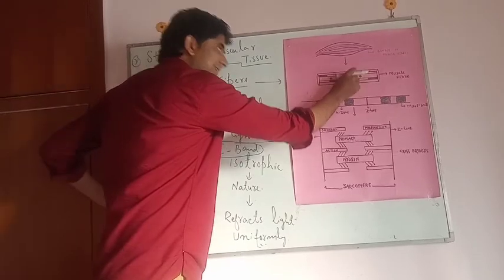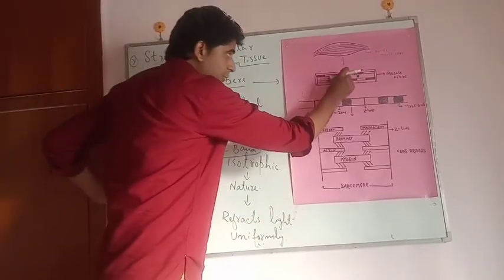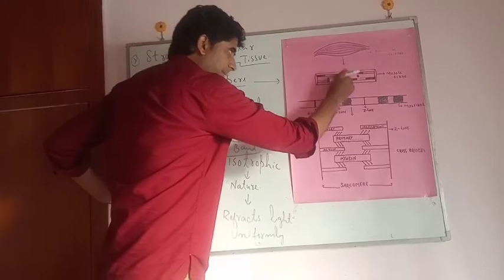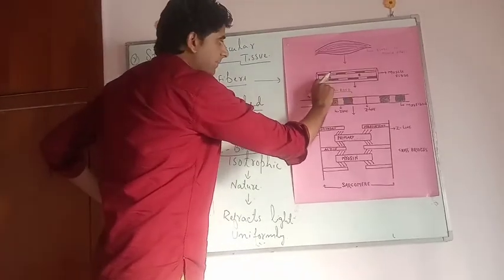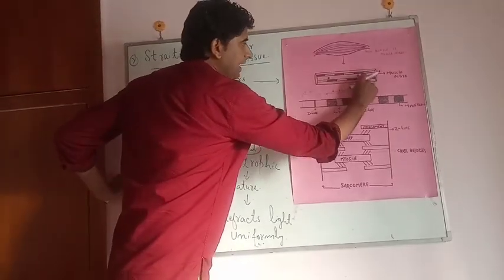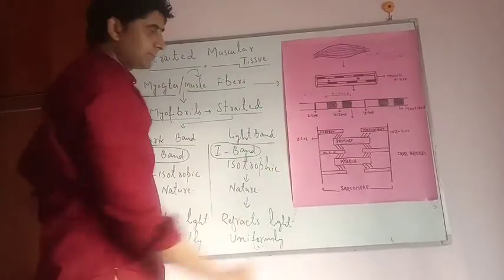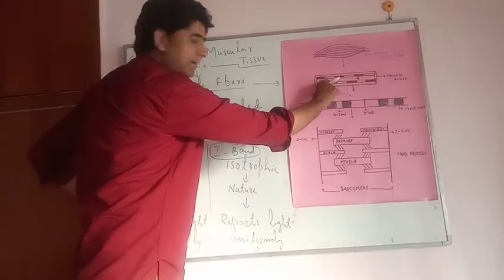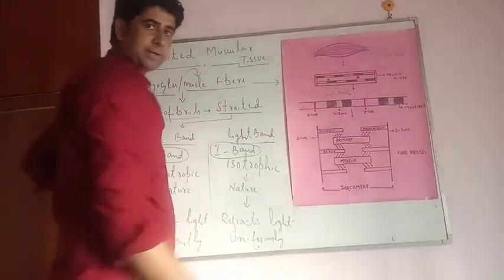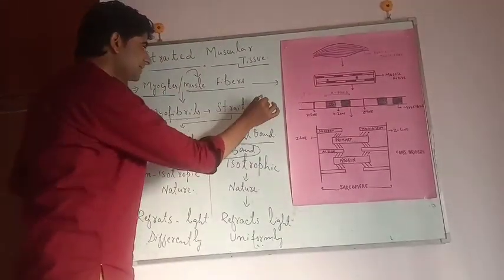स्ट्रेटेड मसल फाइबर इसलिए कहते हैं क्योंकि यहाँ पे जो साइटोप्लाज्म है, यहाँ पे जो सार्कोप्लाज्म है, there are present longitudinally arranged striated myofibrils. For example, this is one myofibril, this is another myofibril. But ये जो myofibrils है, these are striated.